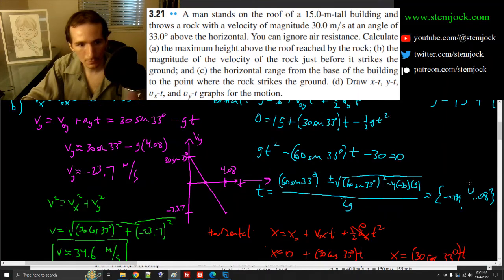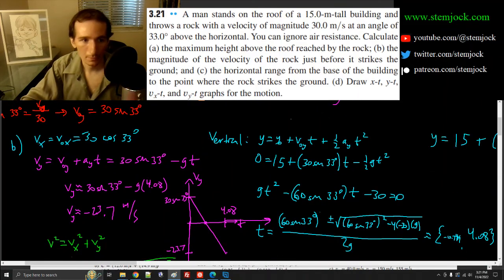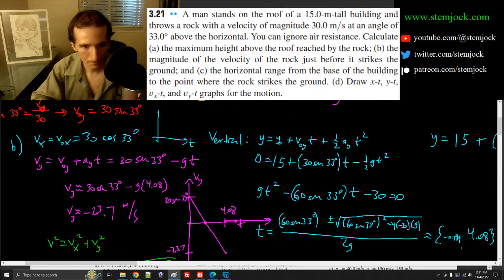Where is it? Here it is. Vx is just a constant. It does not depend on t at all. It's just 30 cosine 33. So the graph looks like a straight line like this.